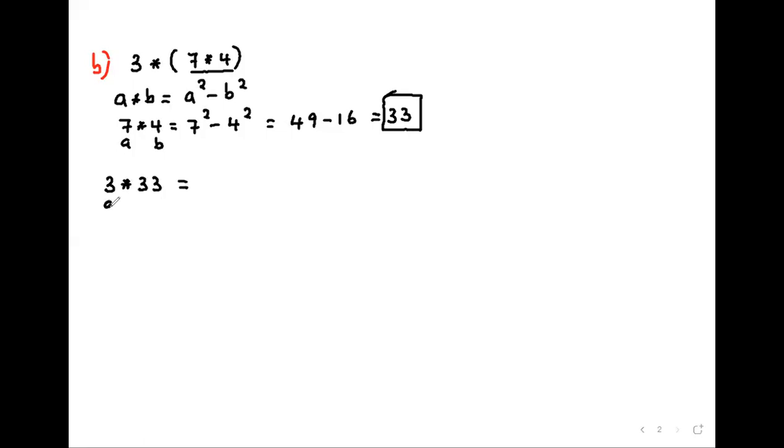This is our A, this is our B. So we have 3 squared minus 33 squared. 3 squared is 9, minus, what about 33 squared? That is 1089. And the solution is negative 1080. So we have found the solution.